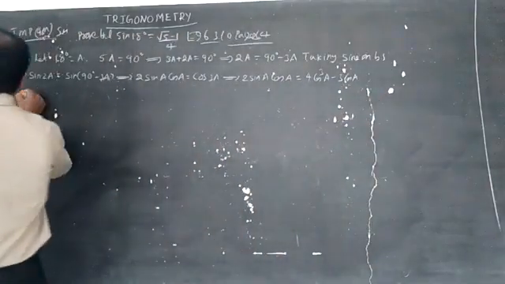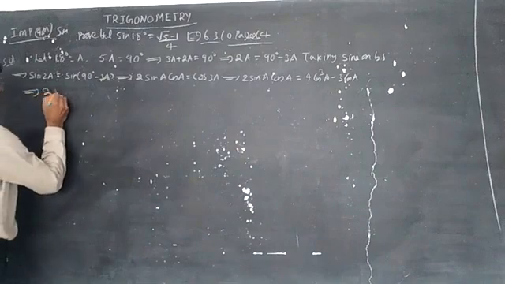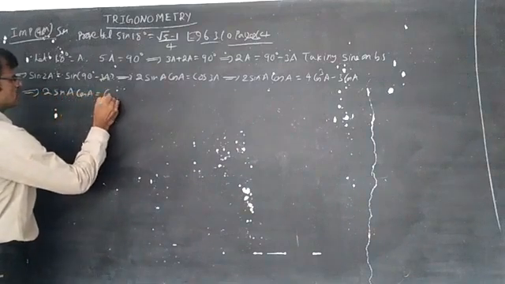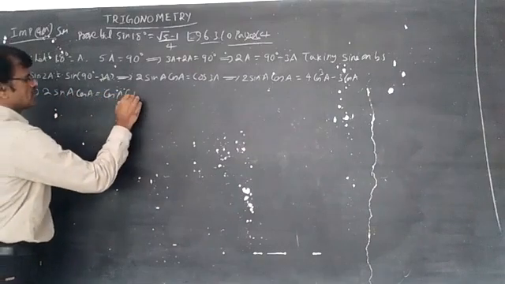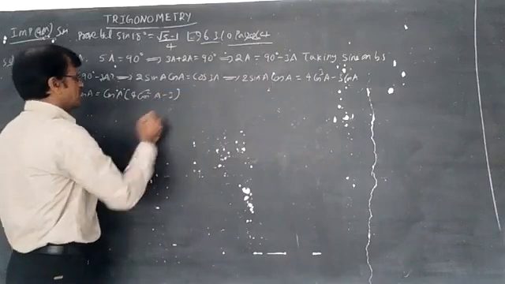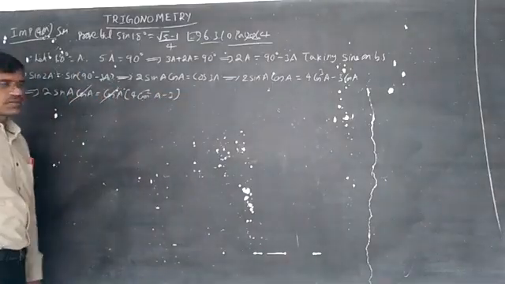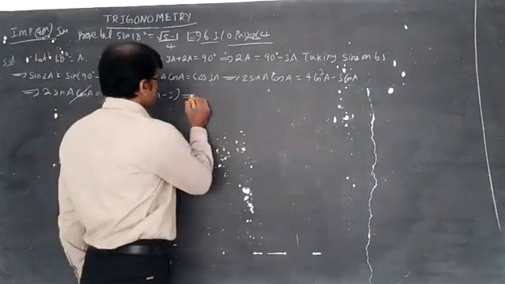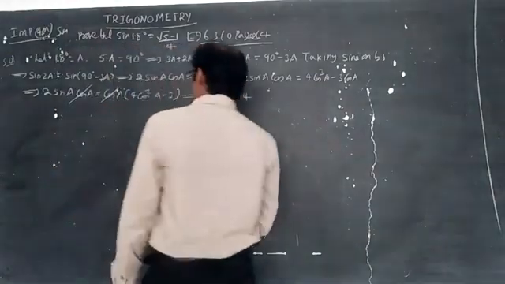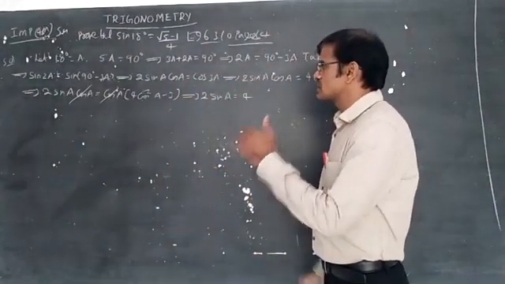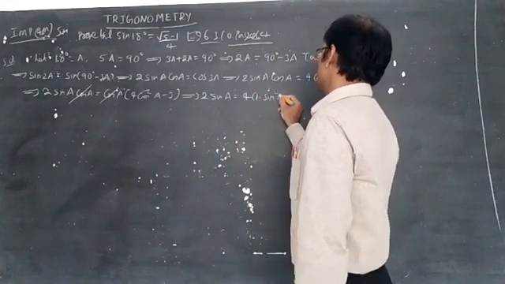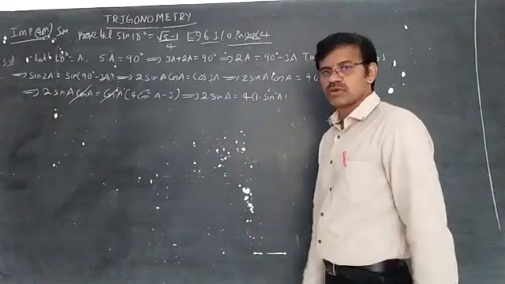That implies 2 sin A cos A is equal to cos A taken common. Within the bracket, this is 4 cos square A minus 3. Cos A gets cancelled. That implies 2 sin A is equal to 4 into, the cos term should be converted in terms of sine, because we need to calculate the proof of sin 18.